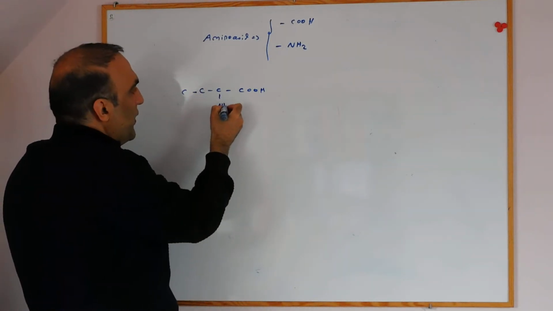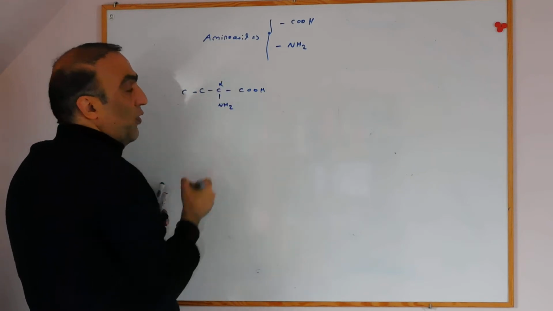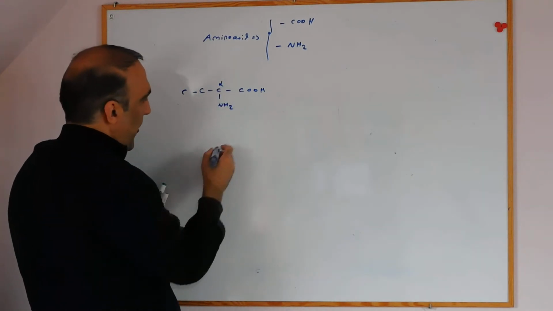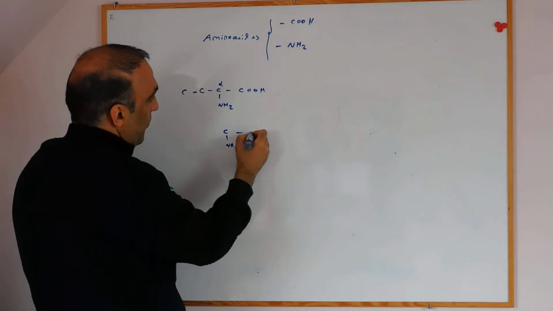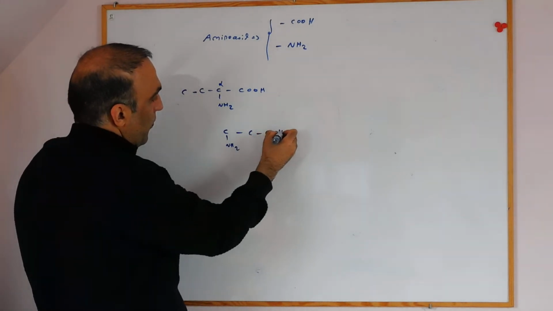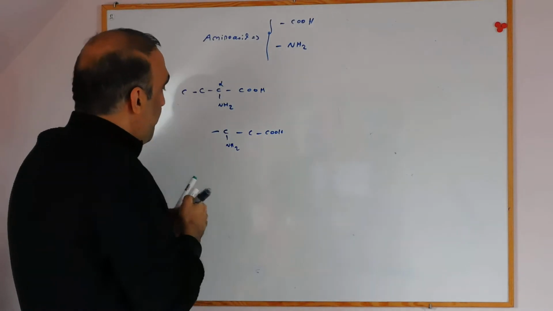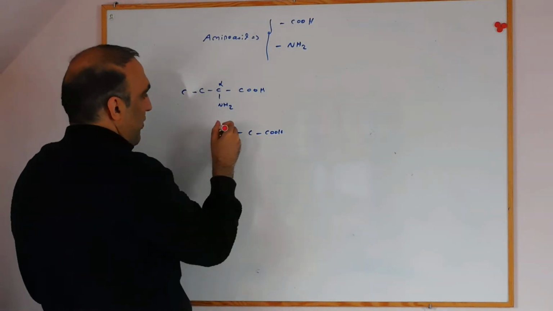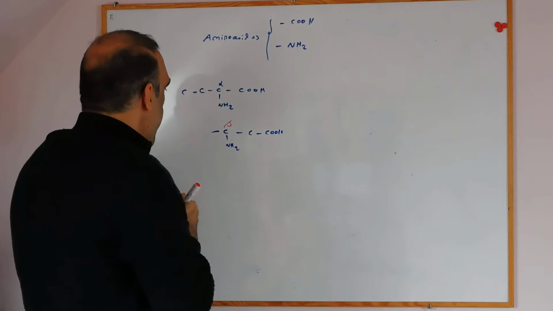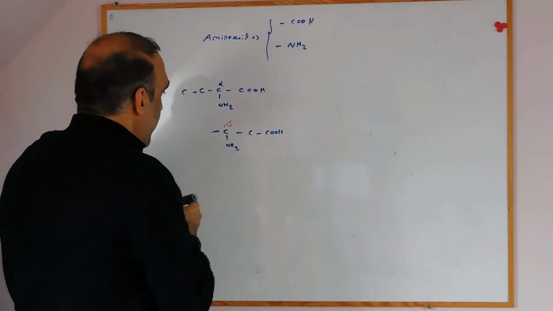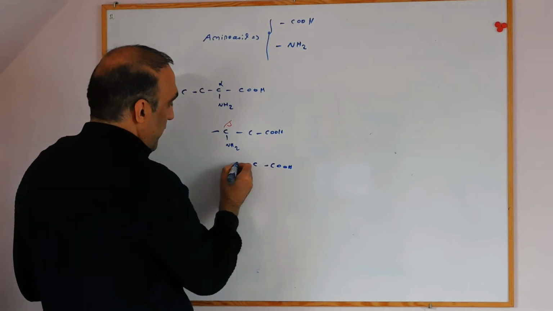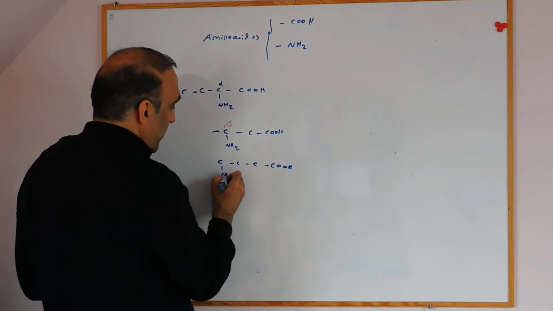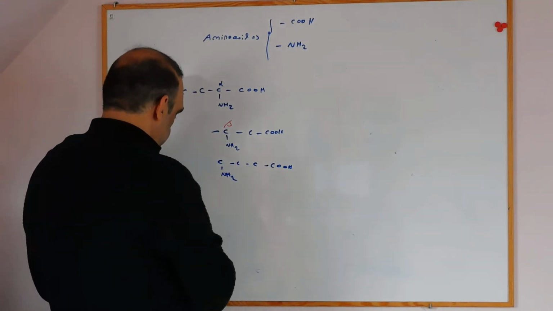if the amine group is on the alpha carbon, we call it an alpha amino acid. Or if the amine group is on the beta carbon, it is a beta amino acid. Okay? And if the amine group is in the gamma position, we call it a gamma amino acid.